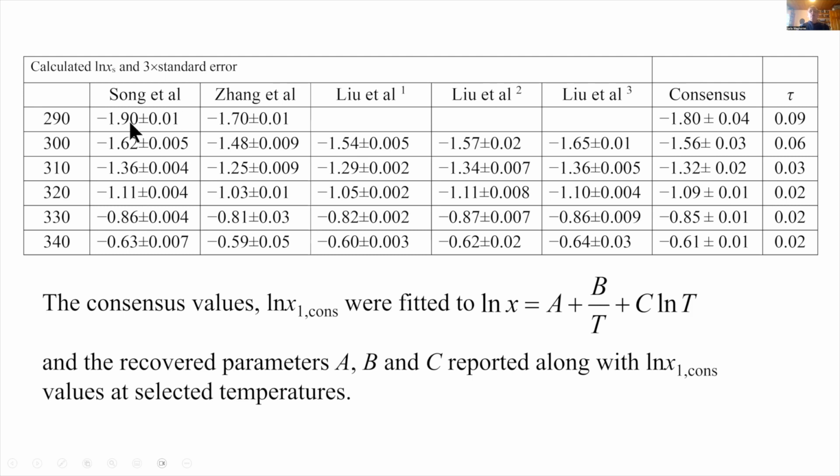Here we get the consensus value, and not surprisingly, it is in fact halfway between, where your eye or mine would put it. Here we've got quite a bit of scatter in the data. We get a 1.56. It has a standard deviation of 0.03. And it has a tau value, that is the measure of the systematic error.